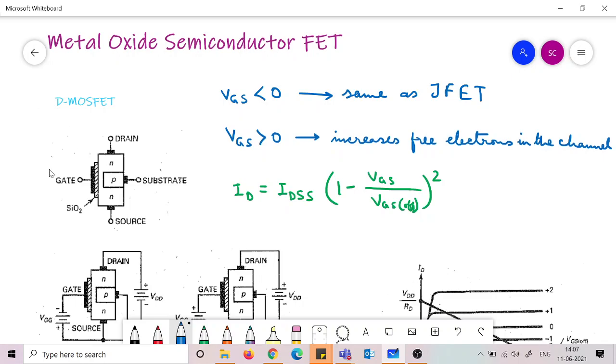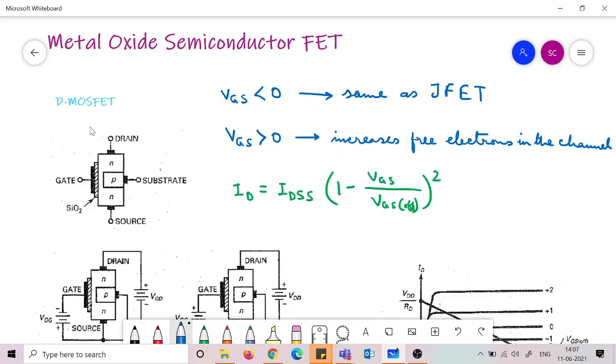So in depletion type MOSFET, we have one semiconductor, N-type semiconductor, and as in FET we are having two regions of P-type material in the middle, right? And between those 2 regions there was a narrow channel.